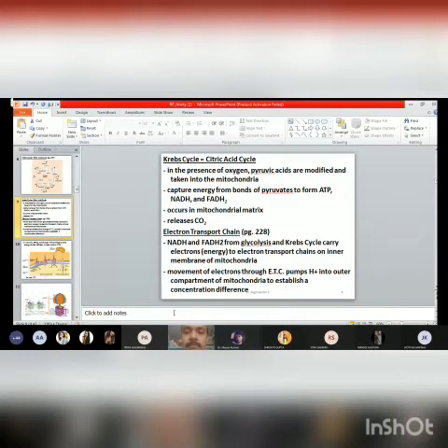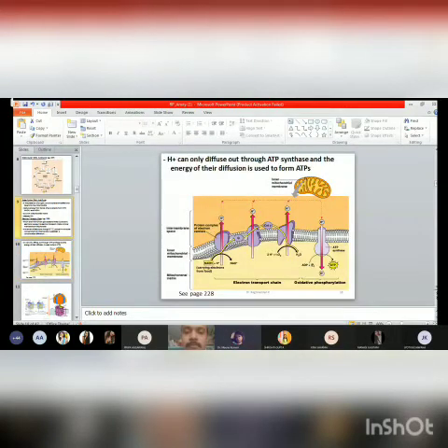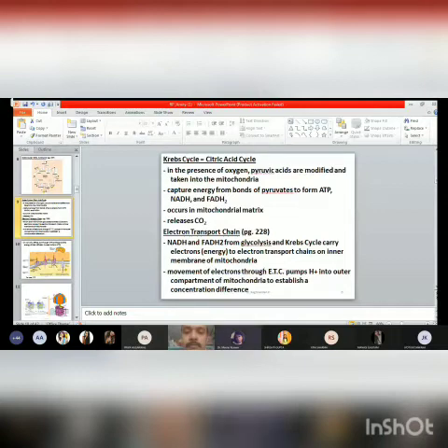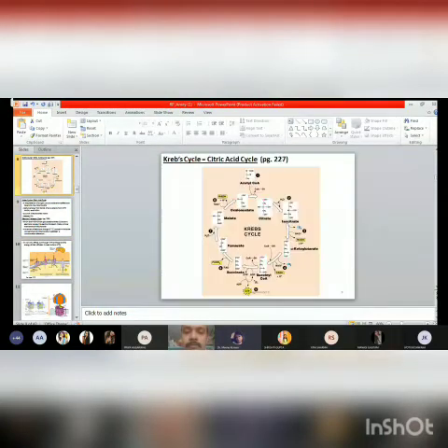This is a tricarboxylic acid cycle because, as you can see from the slide, next slide, please. Sorry, previous slide. This one. Yeah, this one. As you can see, all the 3 carbon atoms on the backbone have the carboxyl group or COO group.